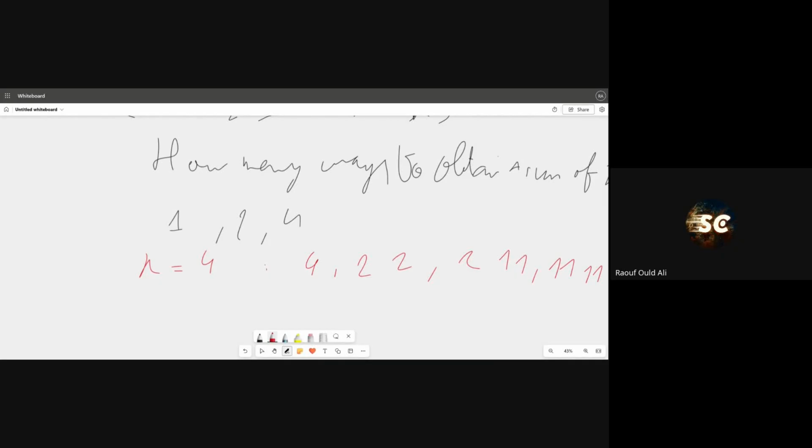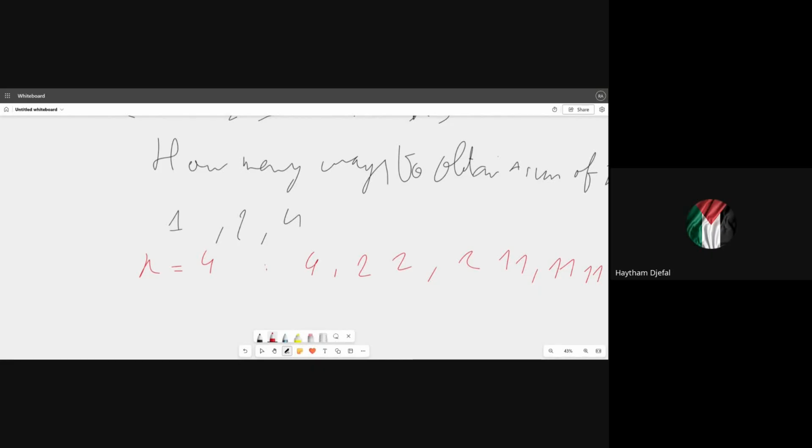Does ways that have the same coins but different orderings count more than one way? Actually, no. Yes, Haytham? We can define dp of I as the number of ways to obtain a total sum of I. This time we need to care about the order in which we process the states.